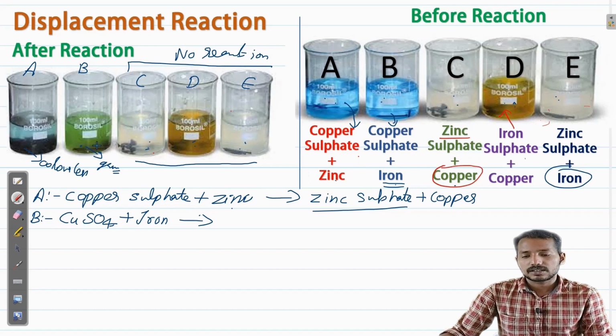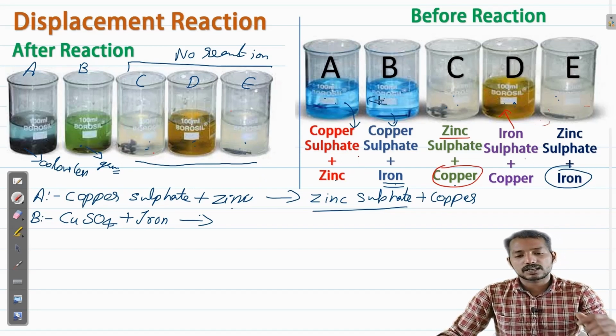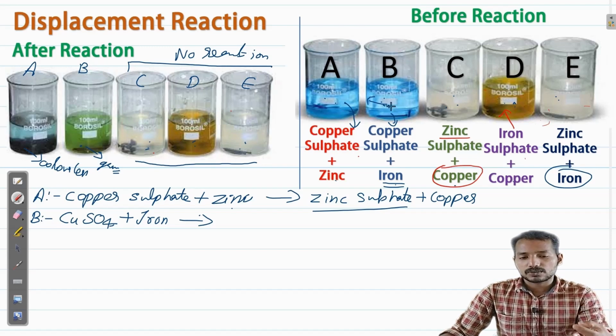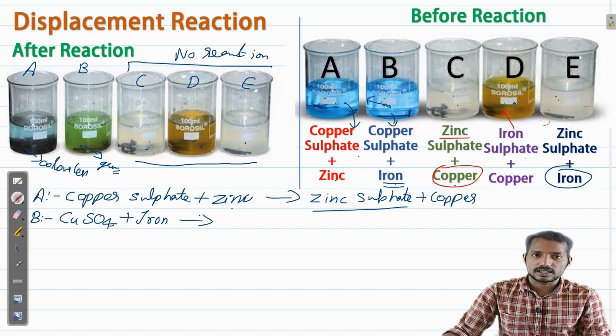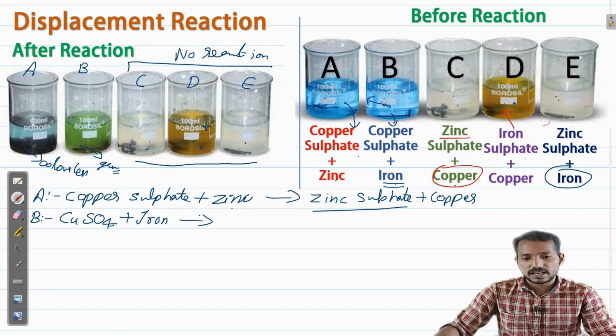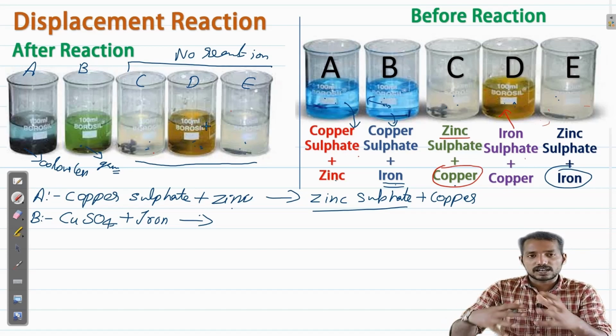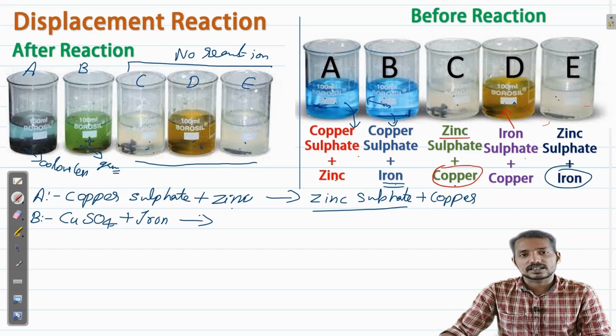Then what happened? Here it was blue, the color of copper sulfate solution is blue, while it has become yellowish green. It is because some part of this copper sulfate solution has changed into iron sulfate. That is actually yellowish brown in color. So yellowish and this blue color mixing, it is getting a yellowish green color.